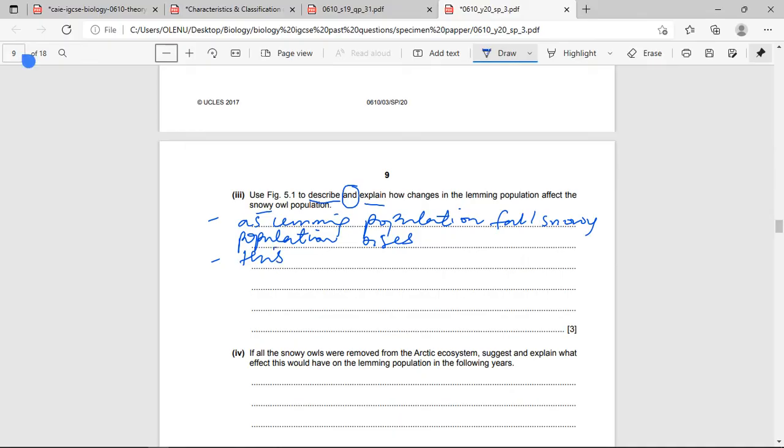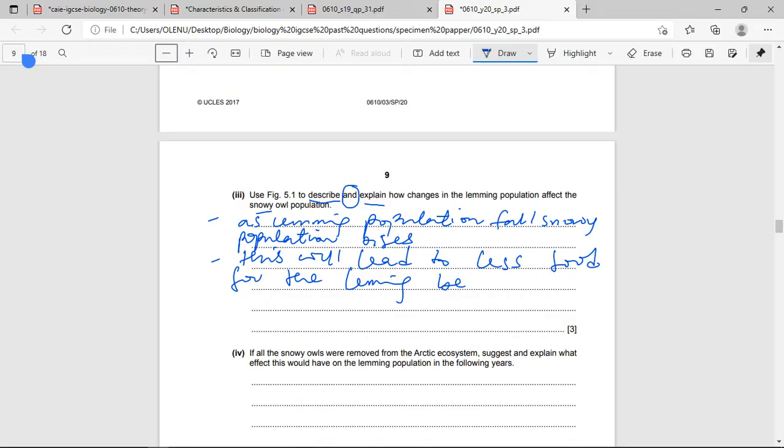This will lead to less food for the lemming, because there is no more snowy.